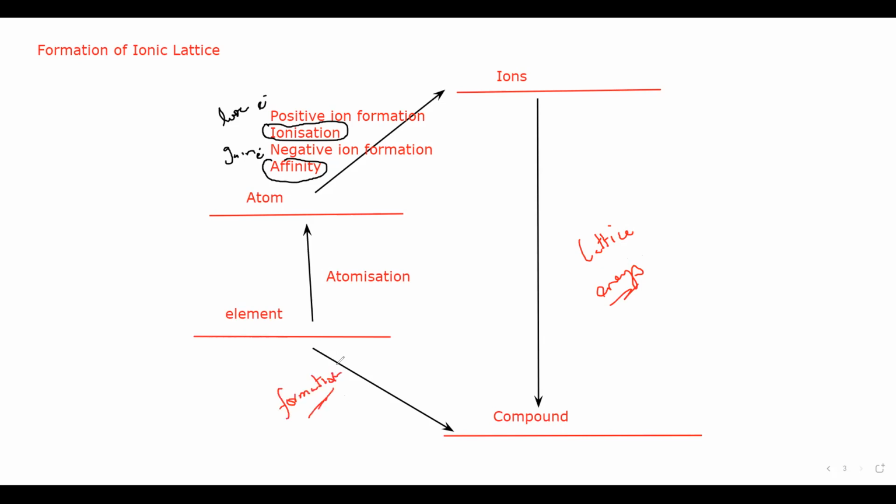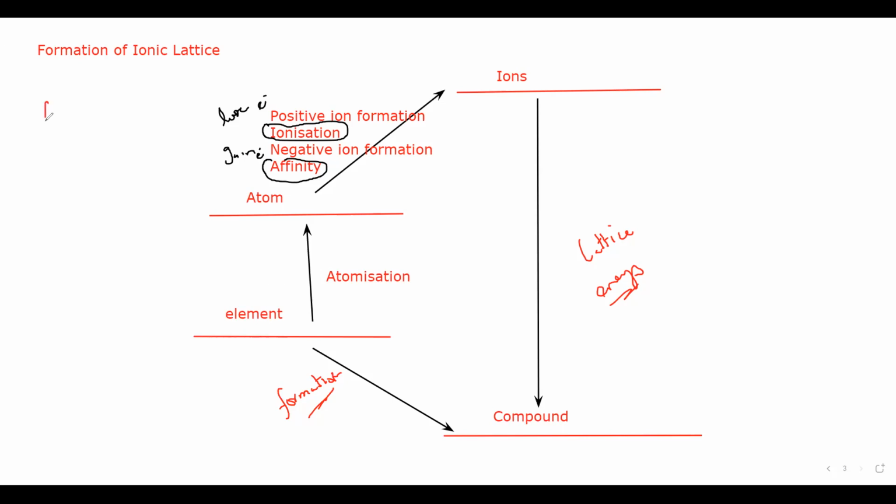These are the terminologies used when we describe the formation of an ionic lattice or ionic compound. There are two ways that an ionic compound can form. Number one, elements first turn into atoms, atoms turn into ions, and then ions join together and form a compound. The second one is that the elements directly form a compound, which we call formation.